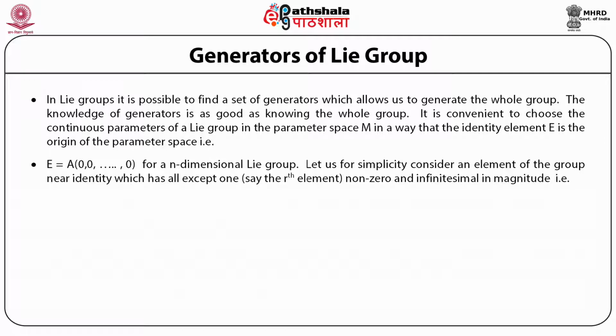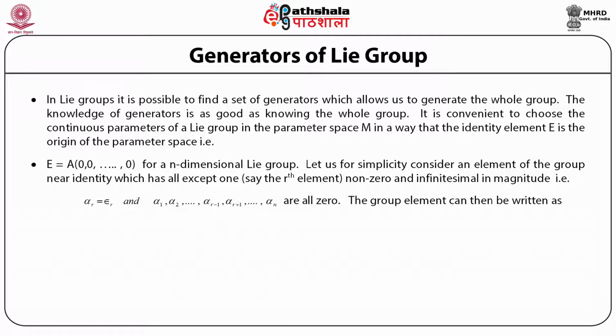Let us, for simplicity, consider an element of the group which is near the identity. And let us consider the case where all the parameters are 0 except the rth parameter, and the rth parameter is infinitesimal in magnitude. That is, alpha r plus and alpha 1, alpha 2, ..., alpha r minus 1, alpha r plus 1, ..., alpha n are all 0.